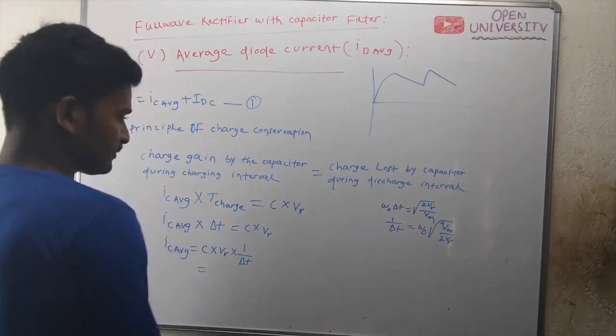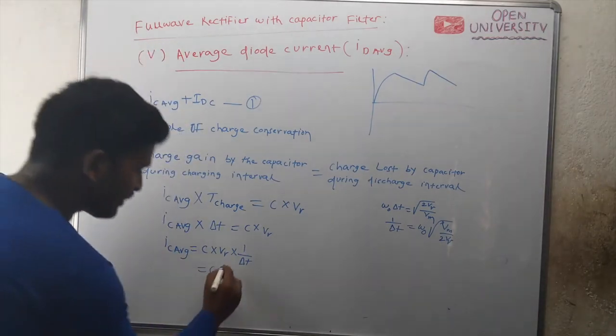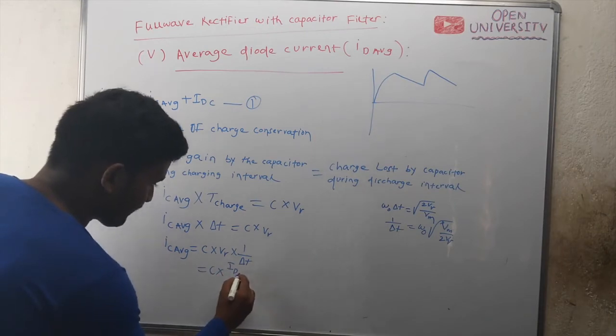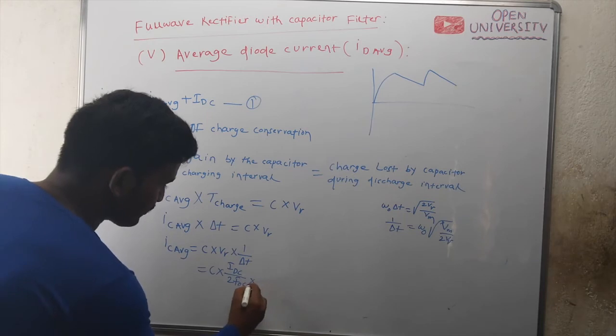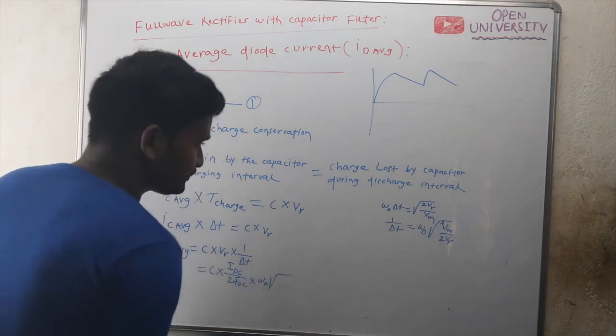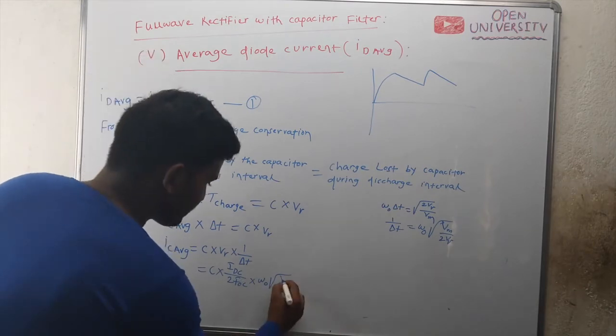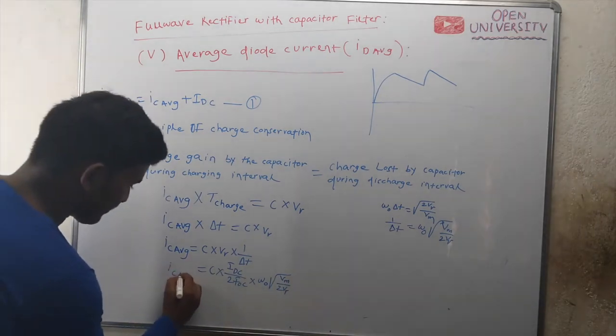So if I substitute here C into what is VR? IDC by 2 F naught C into omega naught into under root Vm by 2 VR. This is your IC average.